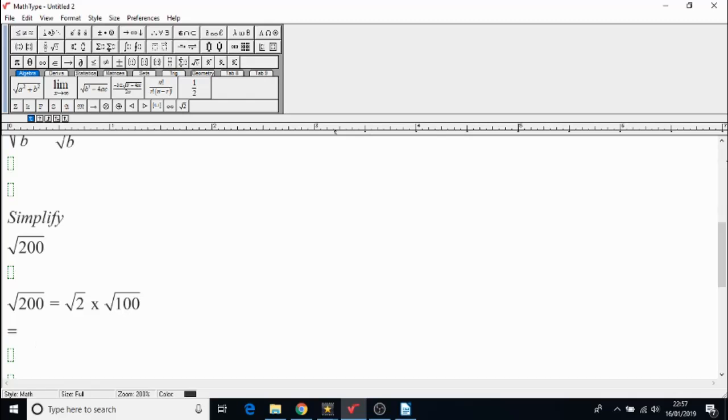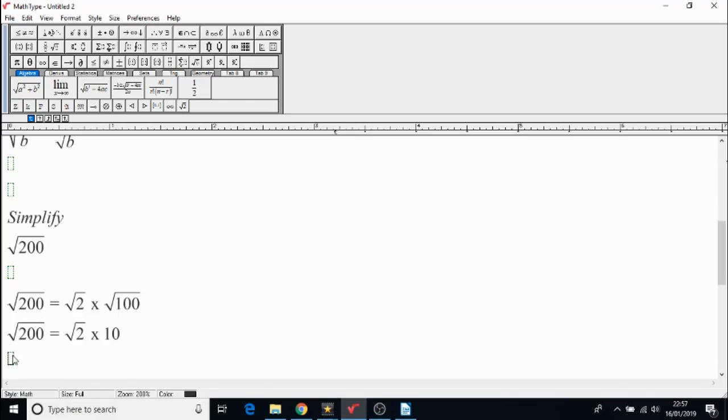So now you write square root of 200 is equal to the square root of 2 multiplied by 10, because 10 is the square root of 100.